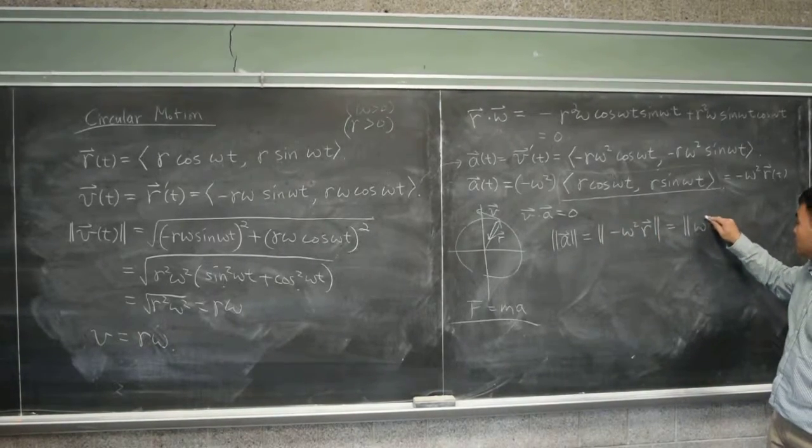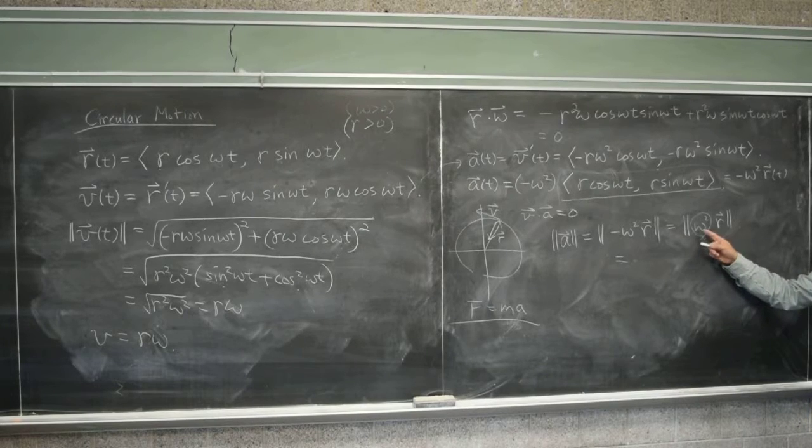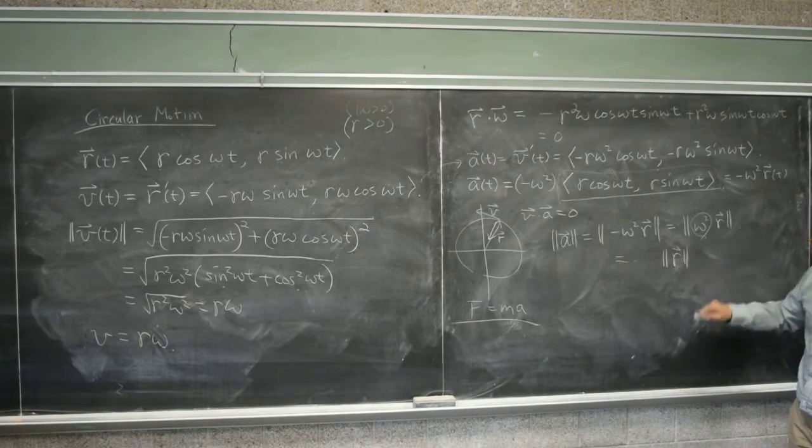So we can just do this. And if you are multiplying some positive scalar to a vector, that's the same as first figuring out the size of the vector and multiplying that scalar to it. Right?